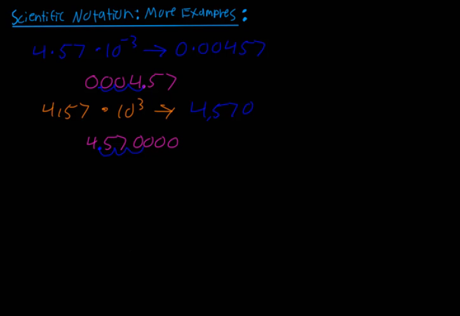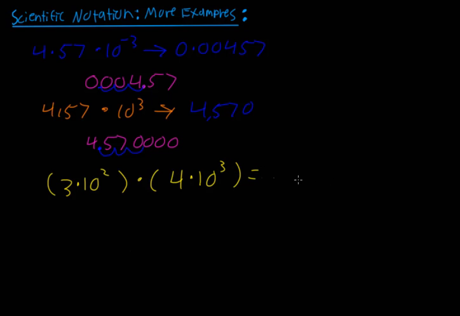And scientific notation is also especially useful for doing by hand division and multiplication. So let's do an example with multiplication. Let's say we had 3 times 10 to the second times 4 times 10 to the third.